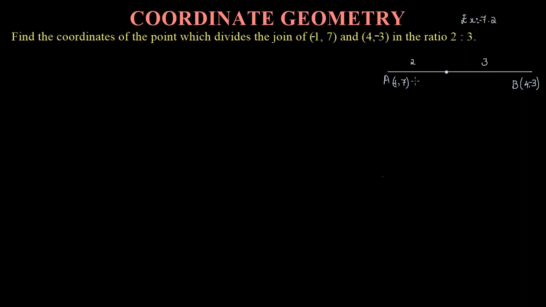How do we get to know where the point lies? We have been given the hint that it is dividing the line in the ratio 2:3. So from here to here it is 2 parts.